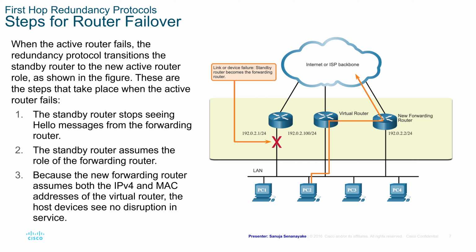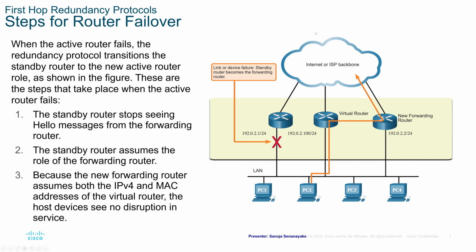Steps for router failover. When the active router fails, the redundancy protocol transitions the standby router to the new active router role, as shown in the figure on the right hand side. These are the steps that take place when the active router fails.